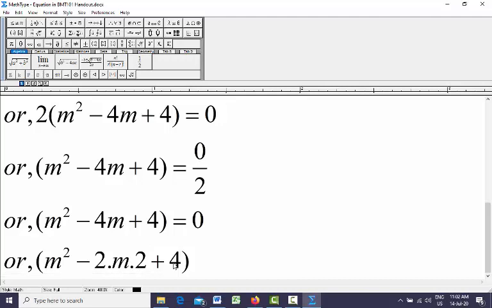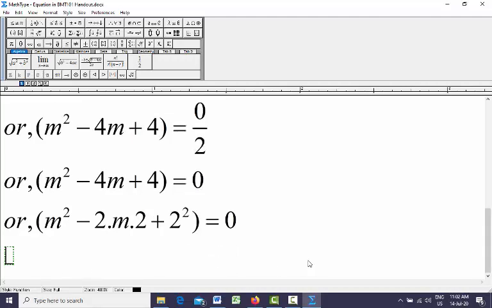And this one can be written as this. So that means here 2 multiplied by m, multiplied by 2, we get 4m back. So we can write it this way.